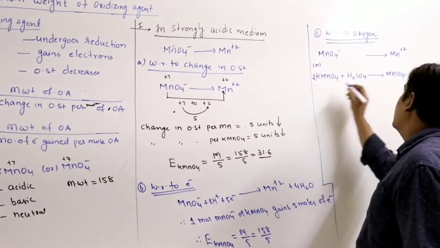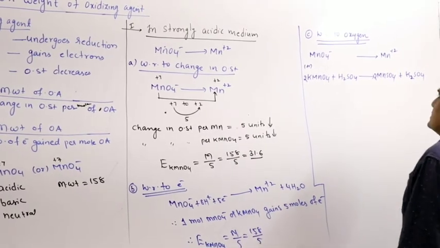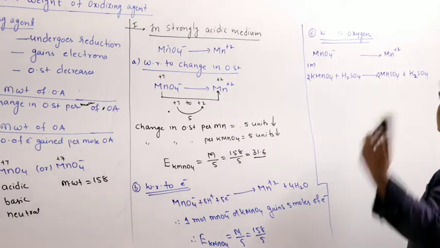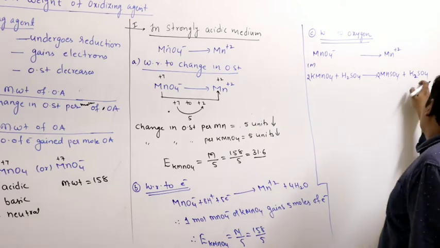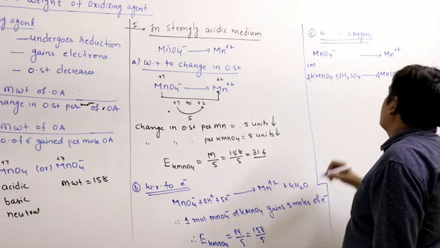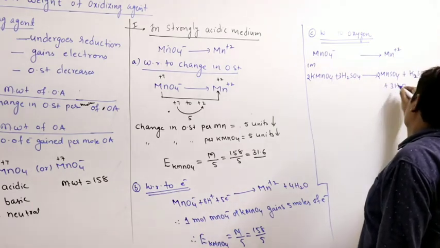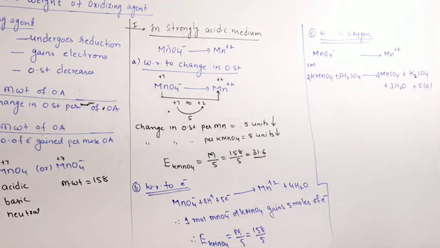So we require 2 here, 2 KMnO4 giving K2SO4 and 2 MnSO4, and 2 plus 1, 3 H2SO4. 3 H2 plus 8 oxygens, you will get 3 H2O. So out of 8, 3 are gone, and you will get 5 nascent oxygen. So this is a balanced equation, and you have to practice it.